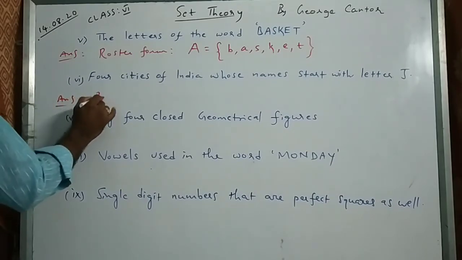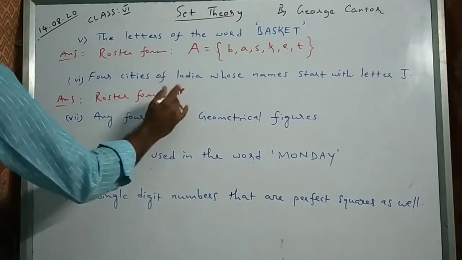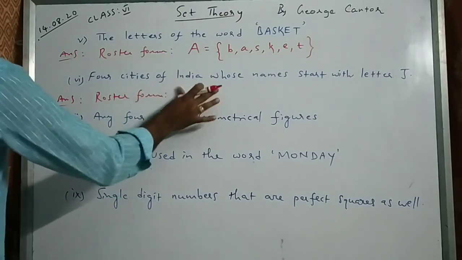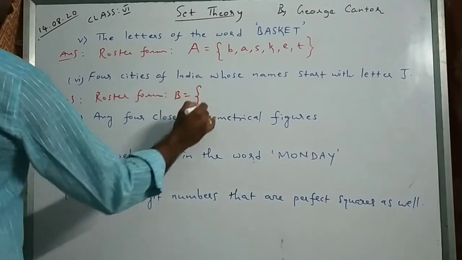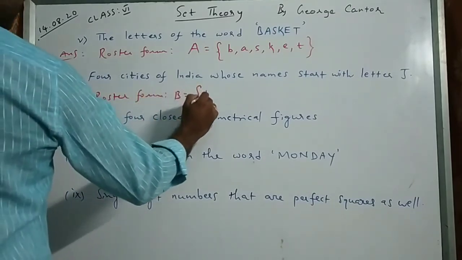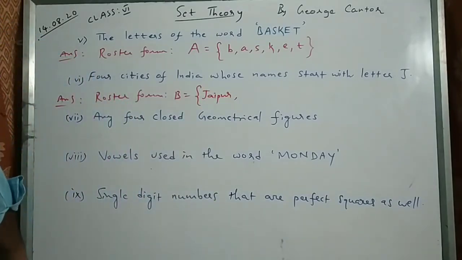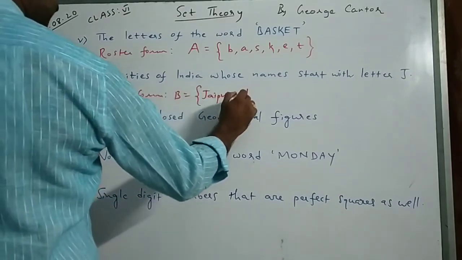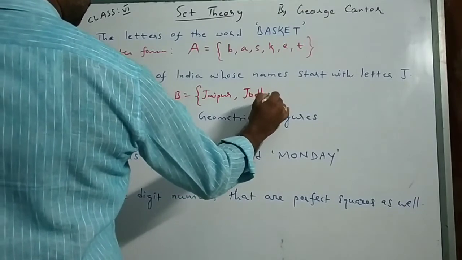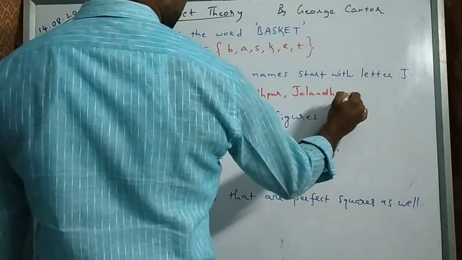Answer, roster form. Let me take one set here, B. 4 cities of India whose names start with letter J. So Jaipur, Jodhpur, Jalandhar and Jhansi.